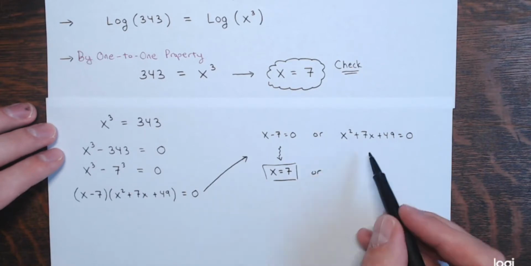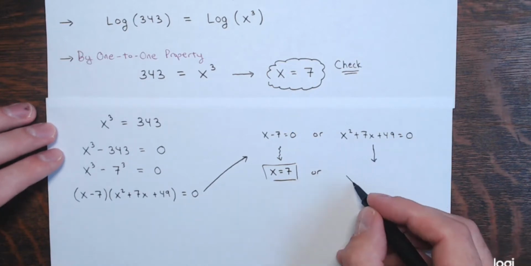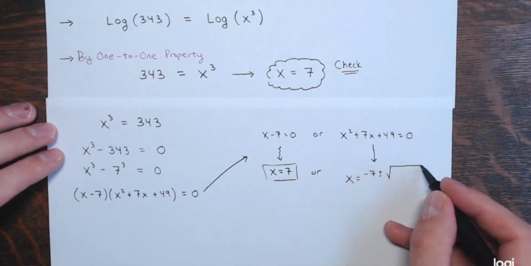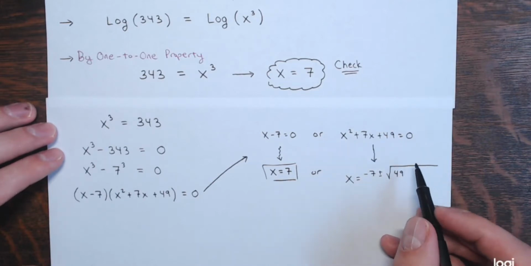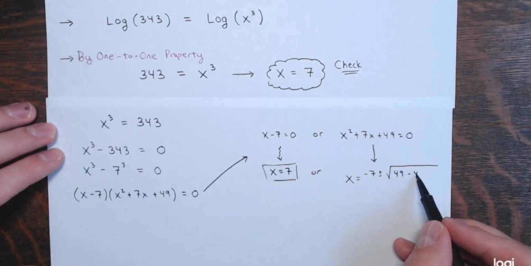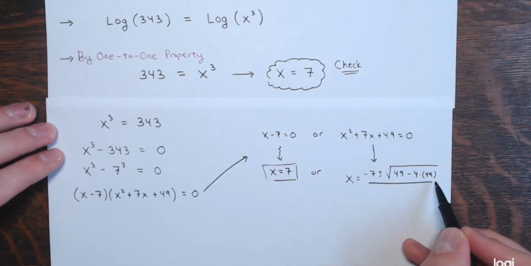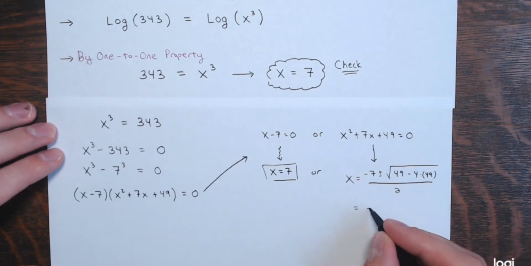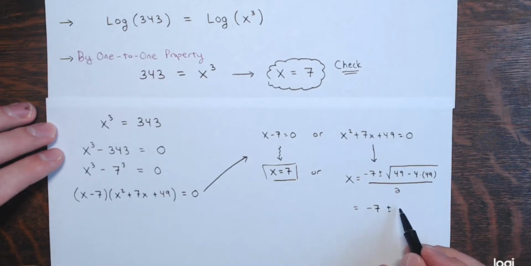Or, from here, I'd have to use the quadratic formula. x equals negative 7 plus or minus the square root of 7 squared, 49, minus 4 times 1 times 49, all divided by 2a, 2 times 1. If you simplify that, that's negative 7 plus or minus, and both of these have 49 in common, so the square root of 49 is 7, and then you'll have 1 minus 4 left over.